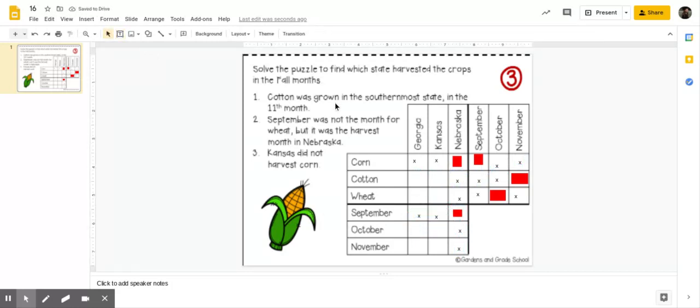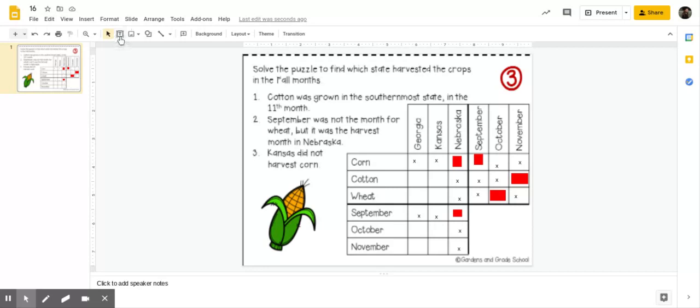Now, I know cotton was grown in the southernmost state. Out of Georgia and Kansas, Kansas is in the middle of the country, and Georgia is next to Florida.